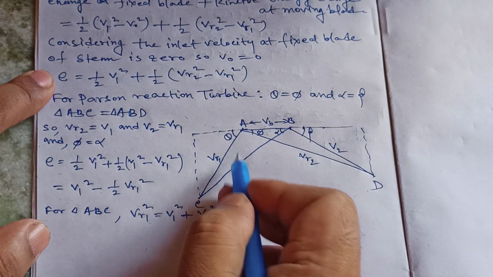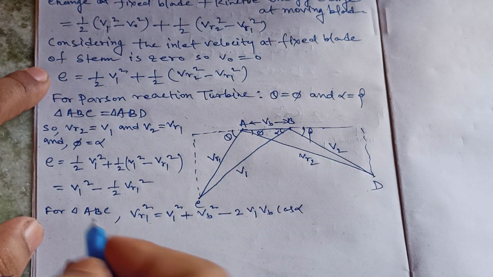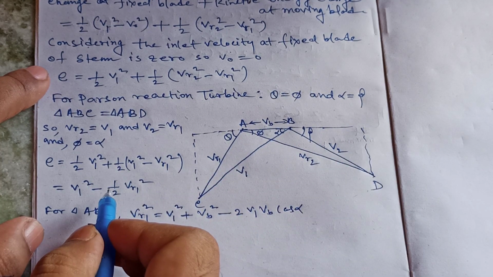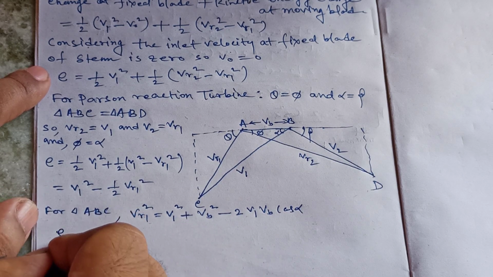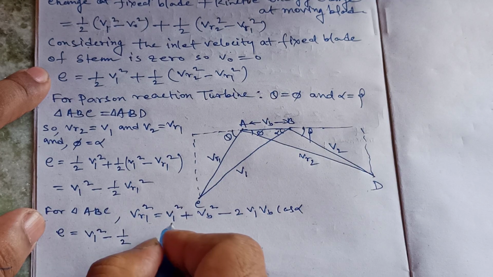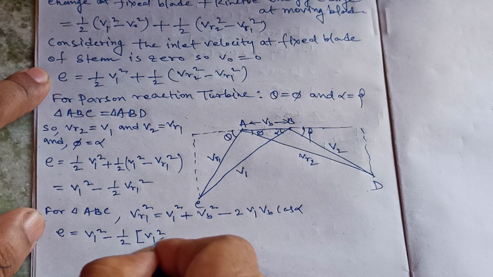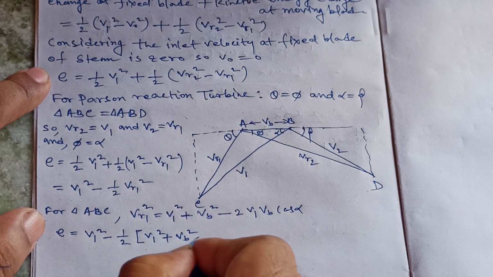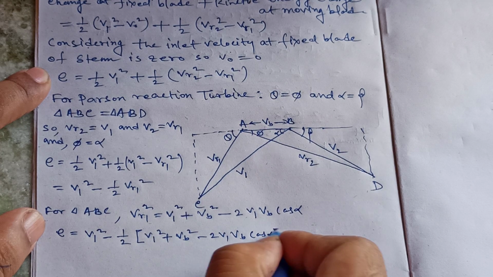We can obtain this VR1 square from this triangular equation. Now we can put this value of VR1 square to find the small e equals to V1 square minus half, V1 square plus VB square minus 2 V1 VB cos alpha.